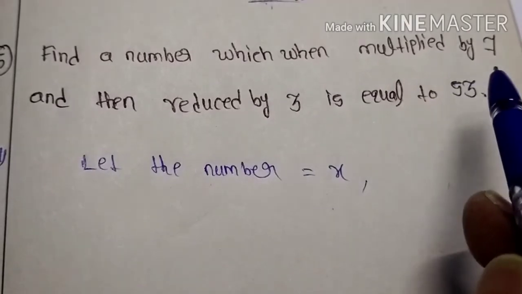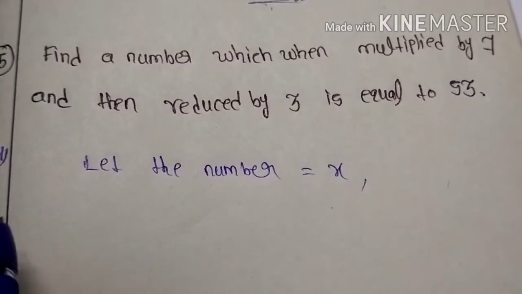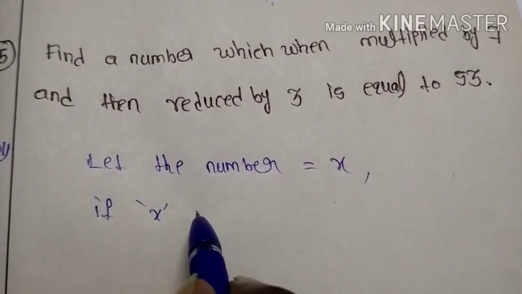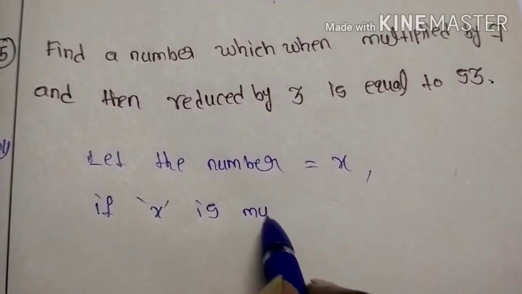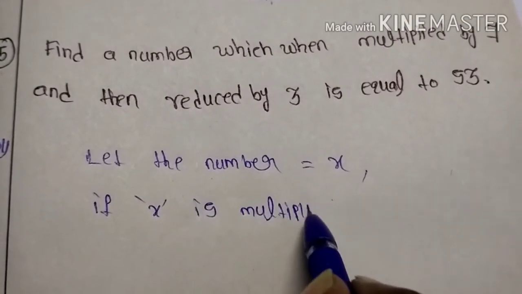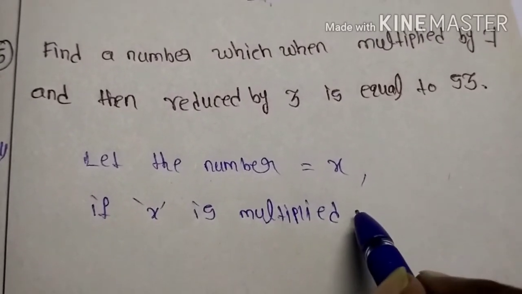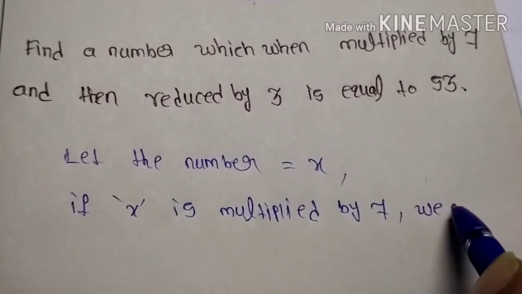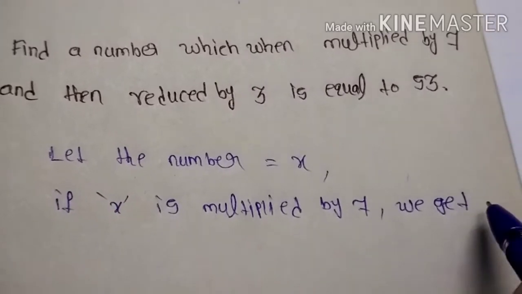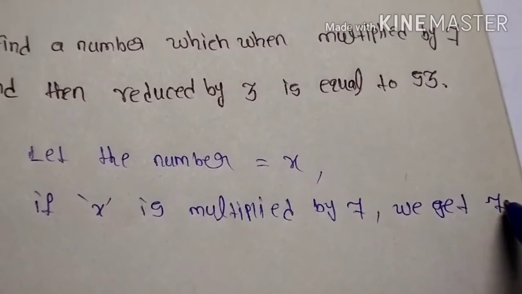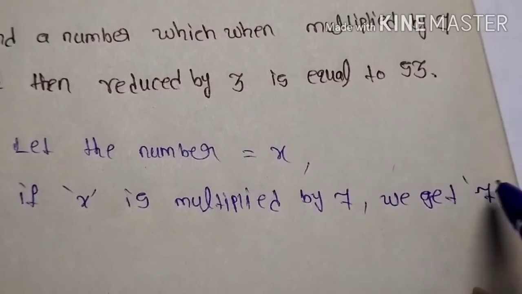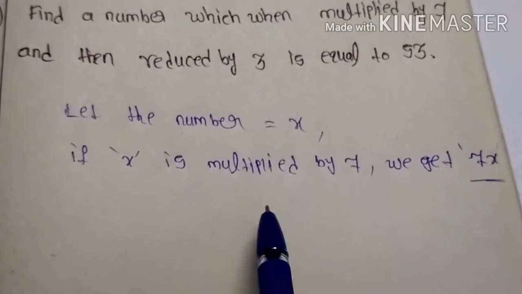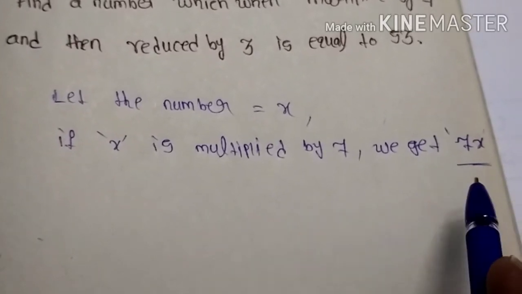Which when multiplied by 7, that means if x is multiplied by 7, we get 7x. Yes or no? If x is multiplied by 7, we get 7x.